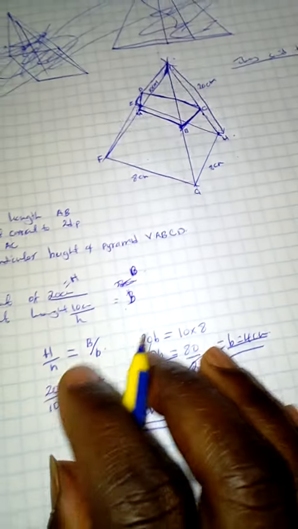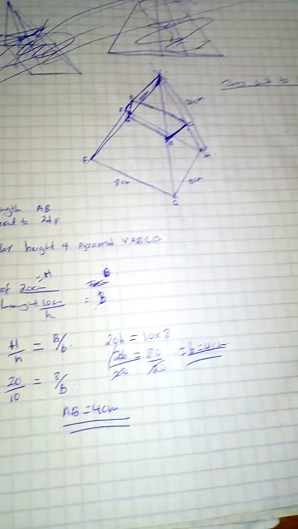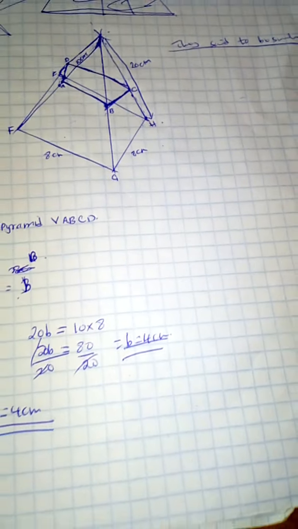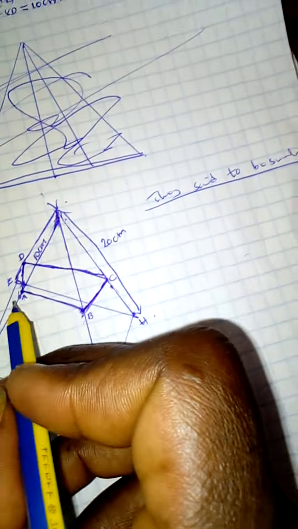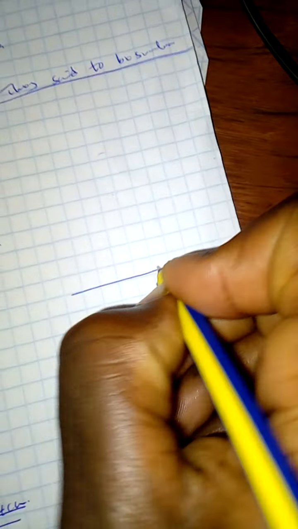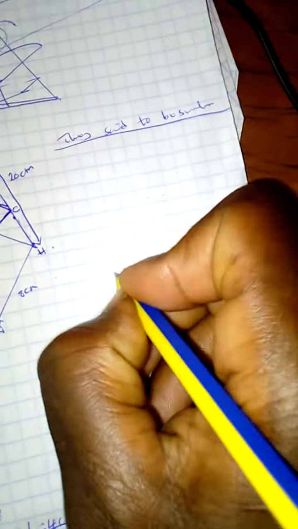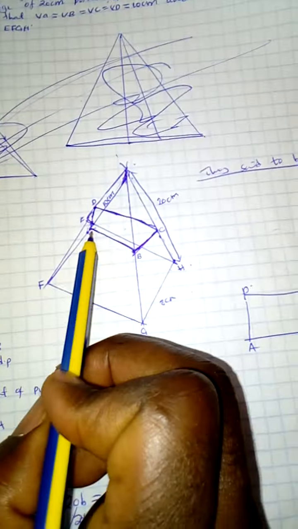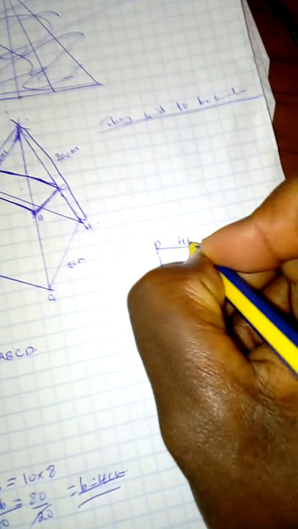Then the next one: calculate, correct to 2 decimal places, the length AC. AC seems to be a diagonal. This is the base of the smaller pyramid, a square base ABCD, of which each side has been found to be 4 centimeters.